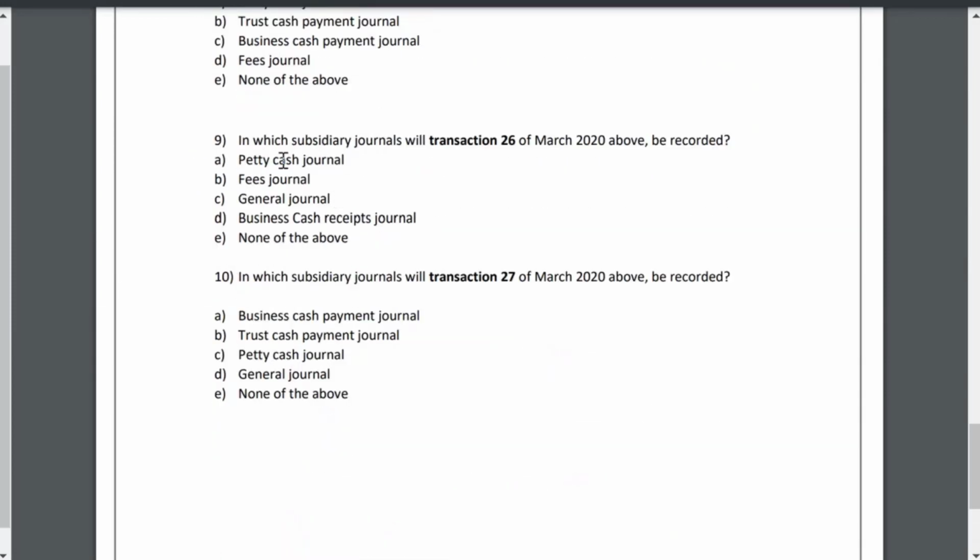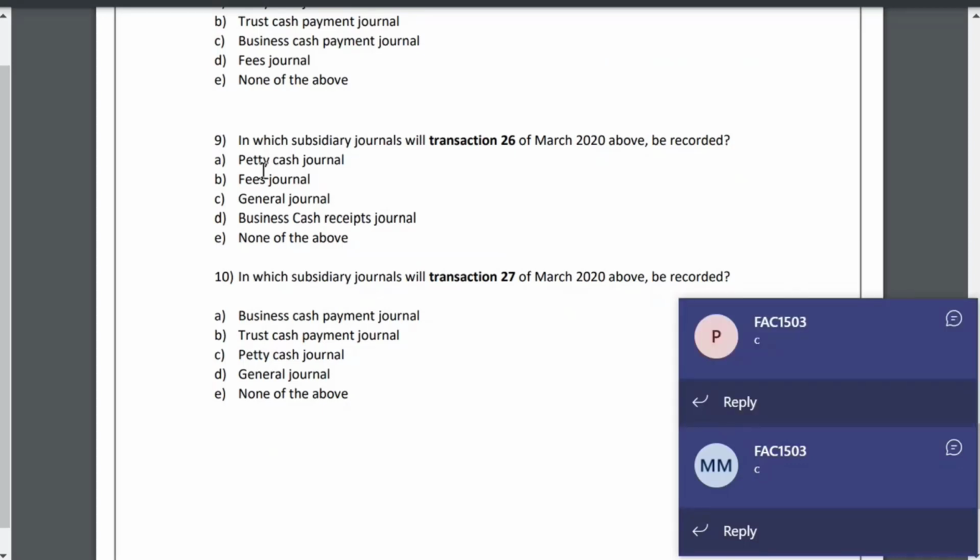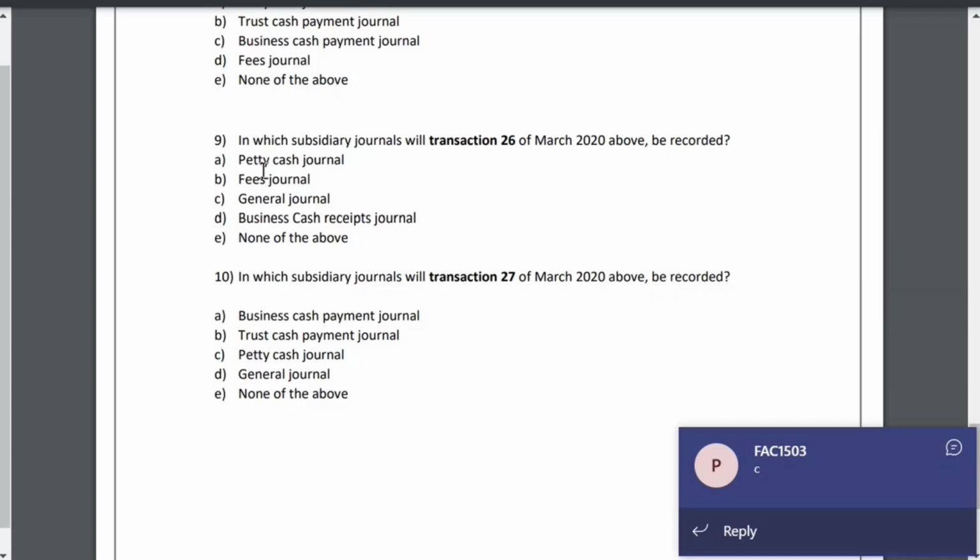The options are petty cash journal, fees journal, general journal, business cash receipts journal, and none of the above. Maila is saying C, Pali is saying C, Tepiso is saying E.